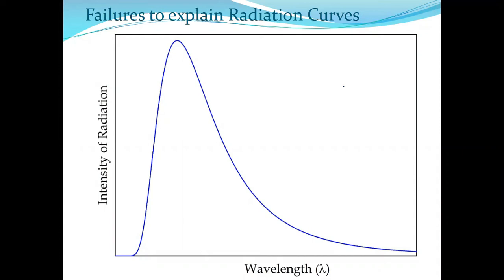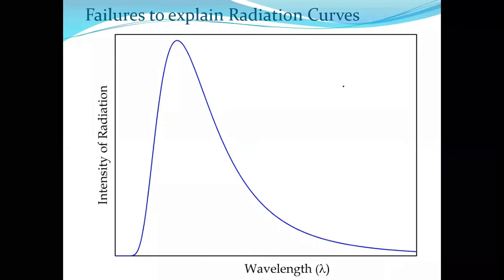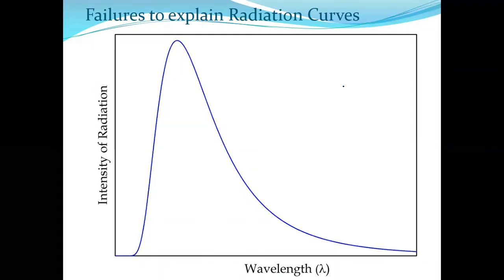Because the basic science at that time, before 1900, was classical mechanics, that is Newtonian mechanics. There was heat and thermodynamics, there was electromagnetism, but there was no quantum theory. And that is the reason all the attempts failed.